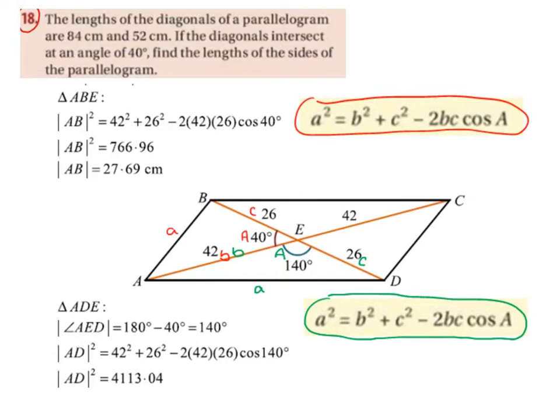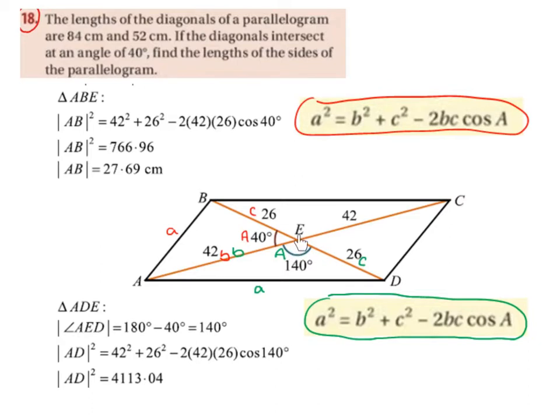Now I'm going to take the triangle ADE, this triangle at the bottom here. Again I have the 42, the 26 and the angle in between. That's 140 degrees, and I got that by taking 40 away from 180 degrees. Since I have a side, an angle in between and another side, again I'm going to use the cosine rule, and again I'm going to make sure I label the capital A as the angle I'm using.